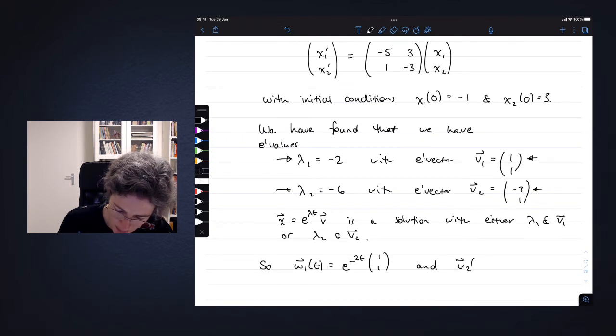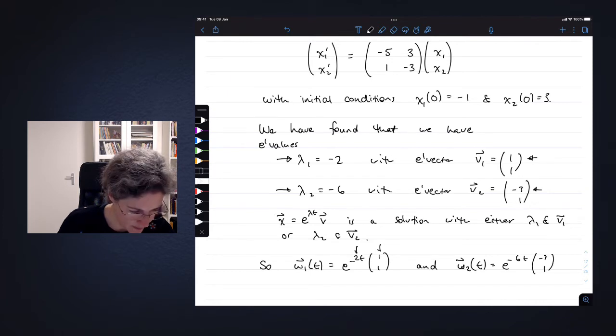Let's just write them out explicitly. So I've got a W1 where I've taken lambda 1 and the first eigenvector, and W2 is e to the minus 6t times minus 3, 1.